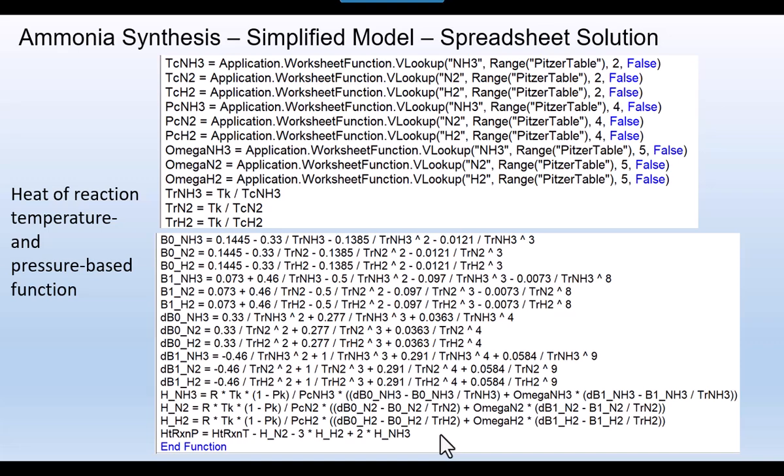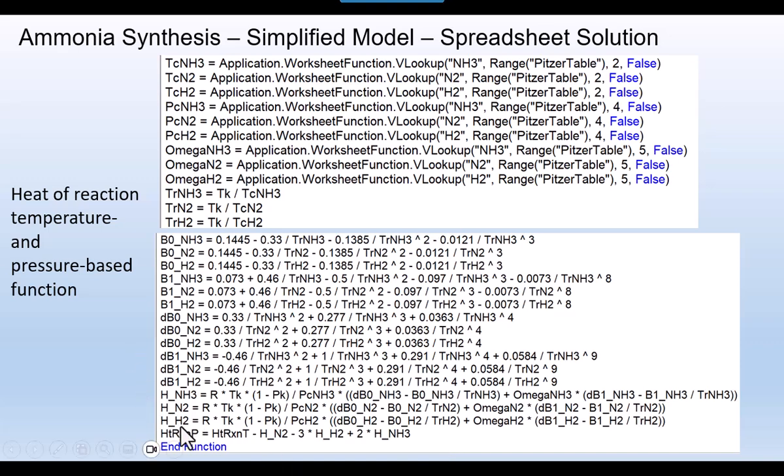Peng-Robinson equation of state and the equations that are used to develop the mixture coefficients for our calculations of the pressure-based function.